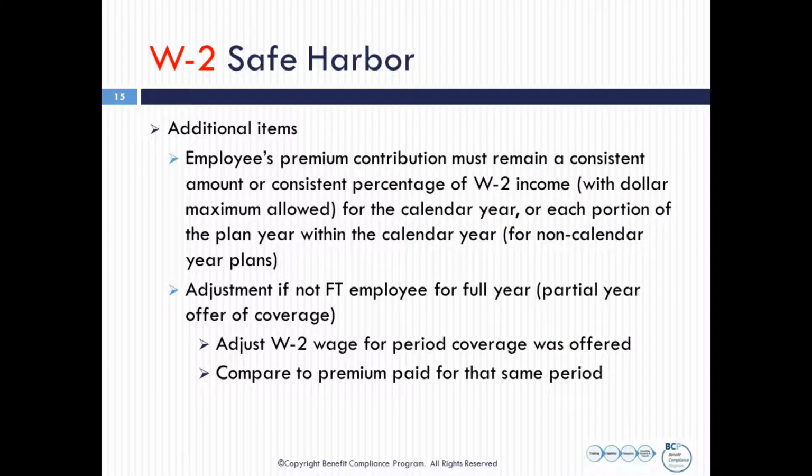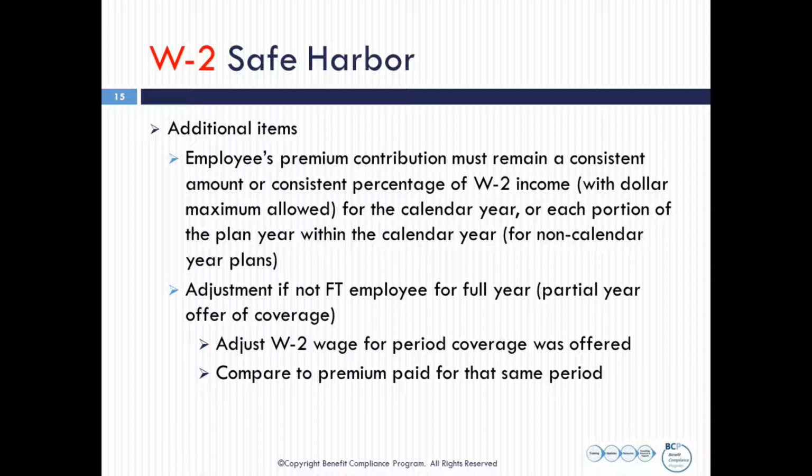A few additional items on the W-2. The employee's contribution must remain a consistent amount or a consistent percentage of that W-2 income for the calendar year, or each portion of the plan year that falls within the calendar year. If you have a non-calendar year plan, that amount can change at the beginning of your plan year, let's say July 1.